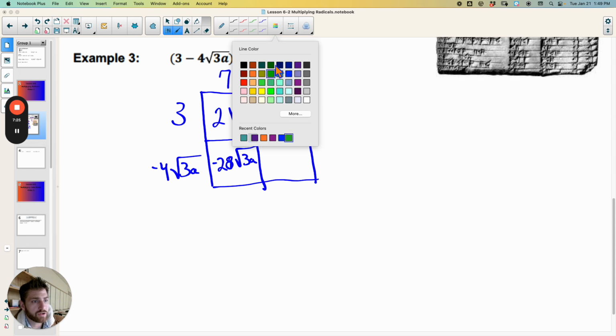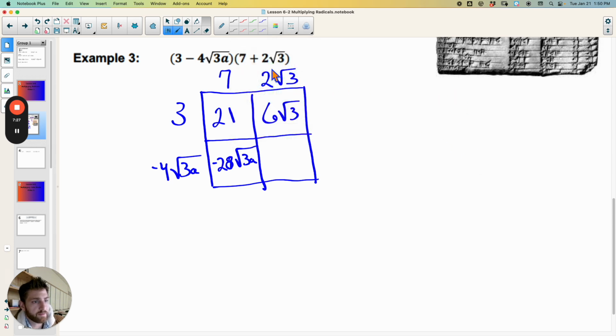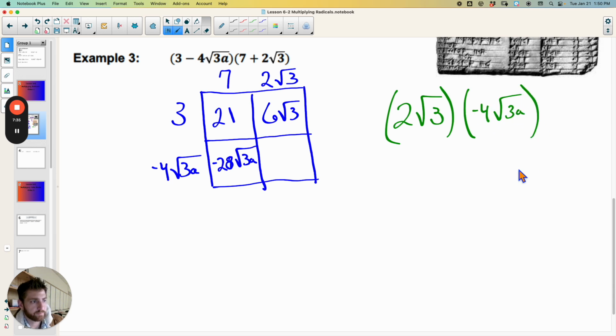I'm going to change colors here. This is going to be 2 on the root of 3, and that'll be multiplied times negative 4 on the root of 3a here. So we're going to apply the same rules. Outside times outside, so the coefficient times the coefficient, and then the inside times the inside, the radicand by the radicand. So 2 times negative 4 here gives me negative 8, and then that'll be on the root of 3 times 3a.